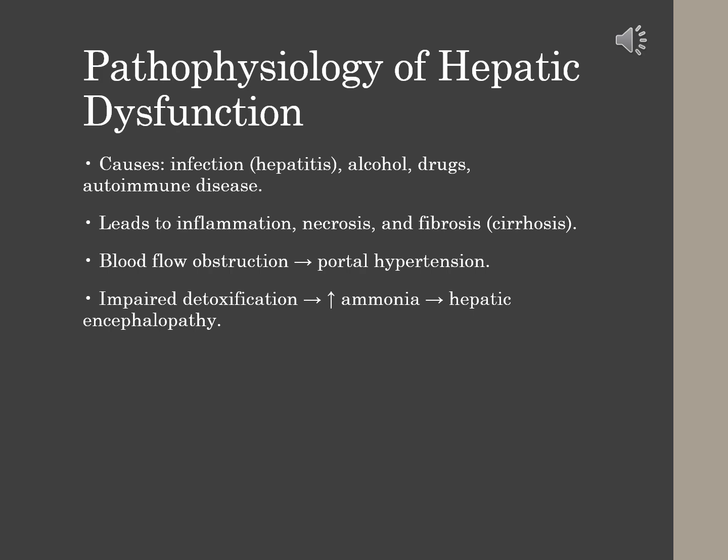Then we have our chronic hepatic dysfunction. This is a progressive, worsening destruction of the liver cells and leads to scarring or fibrosis of that liver over time. What we see in chronic hepatic dysfunction are patients with cirrhosis, either related to alcoholic cirrhosis or hepatitis cirrhosis. This is a scarring and buildup of scar tissue on that liver, so it's not able to function correctly.